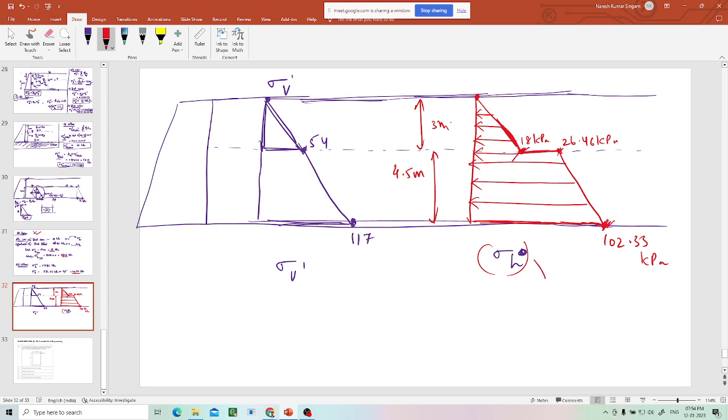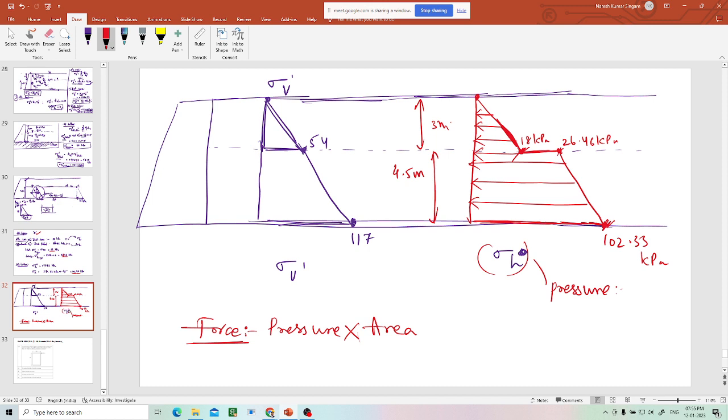Now you have the pressure, but I need force. What do I need? Area is needed, right? Pressure into area. But which area do I need? Generally, I have one pressure, but which area do I have to take? So what will you tell? The area on which this pressure is acting.